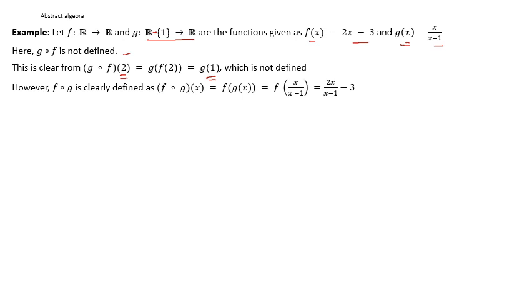But fog is defined, and fog of x is f of g(x), that is f of x by x minus 1, that means 2x by x minus 1 minus 3.